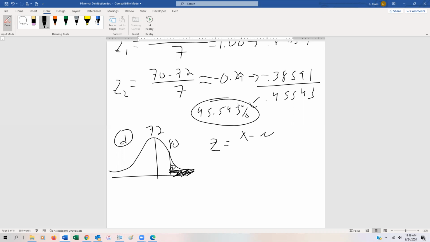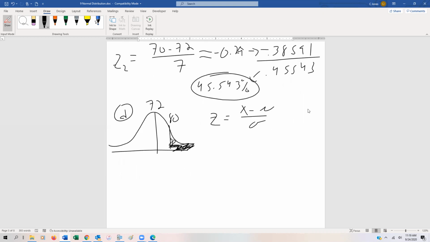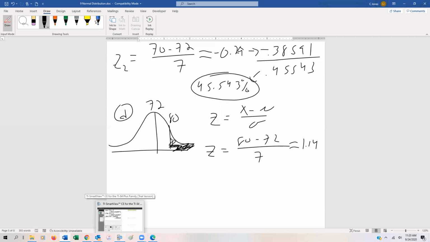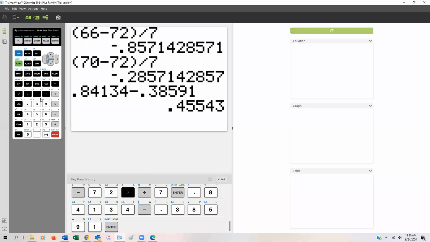Formula, same formula it's been the other 6 times. So in this case, z is going to be 80 minus 72 divided by 7. I believe that's going to be 1.14, but let me go into the calculator and check that, because I think 1/7 is 0.14 something.